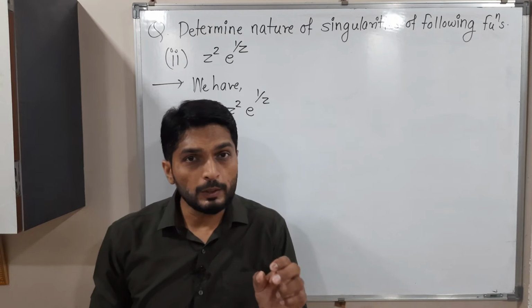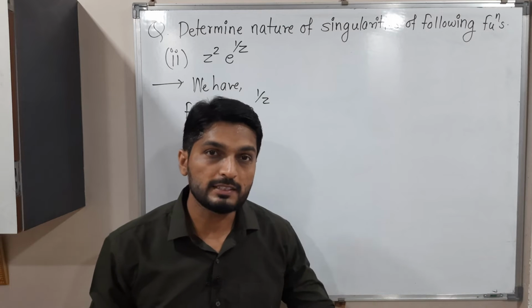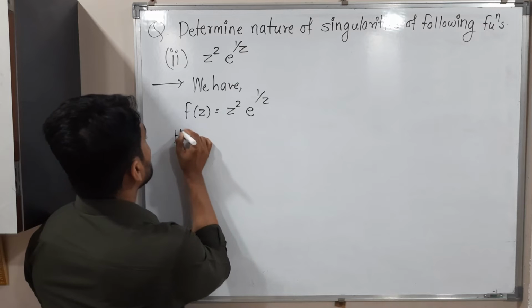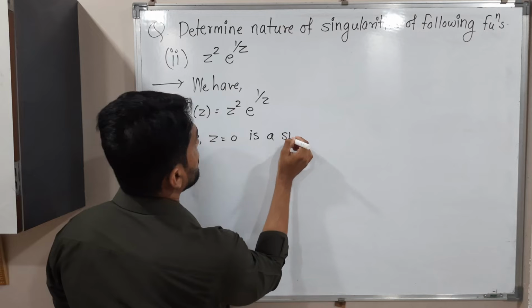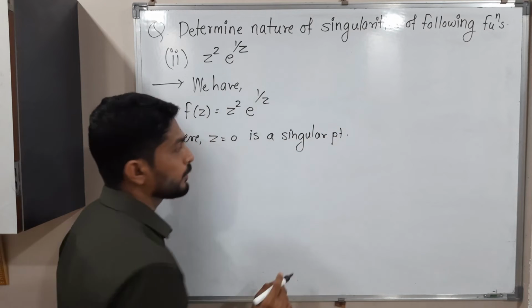If I put z is equal to 0, that denominator will be 0 and the function won't be analytic. So let me clearly mention here, z is equal to 0 is a singular point.